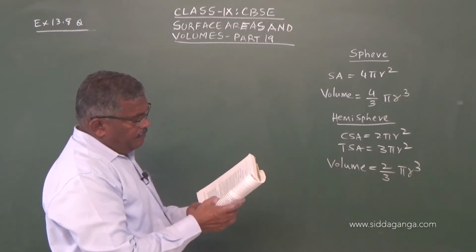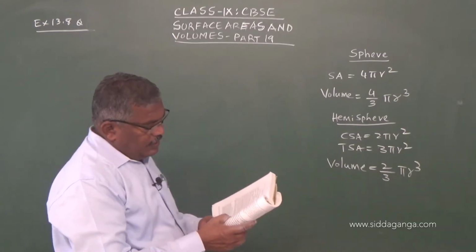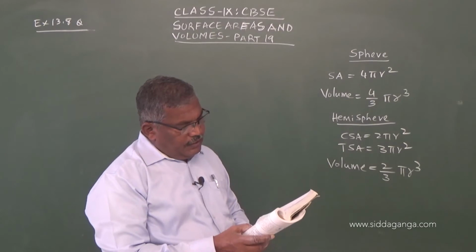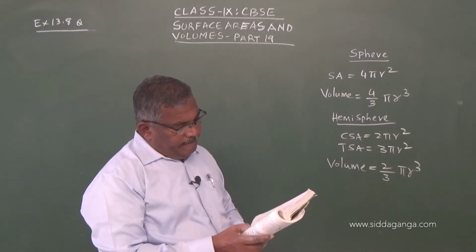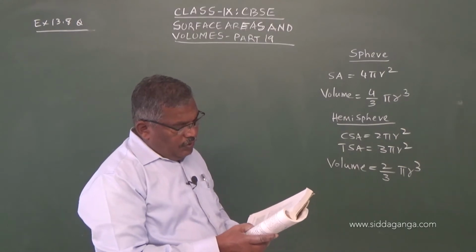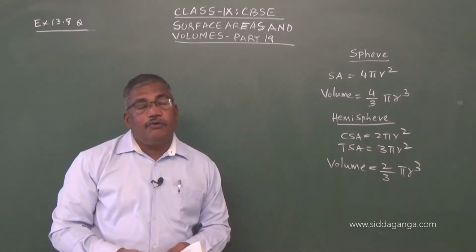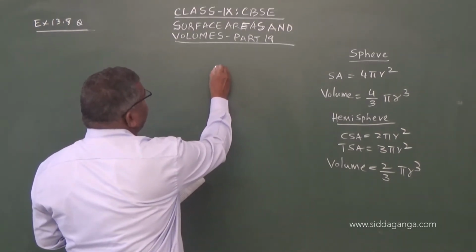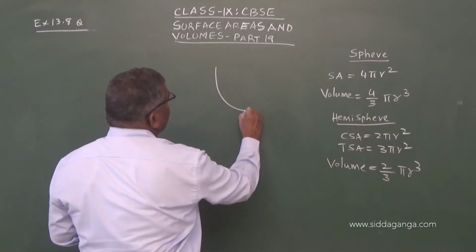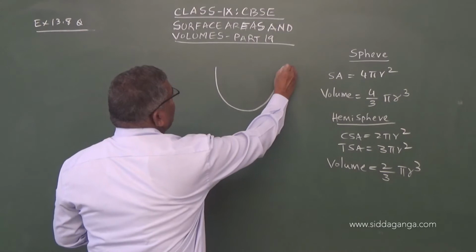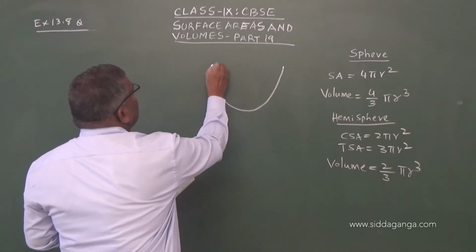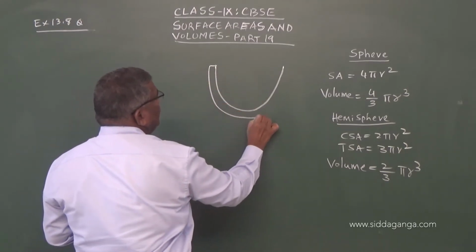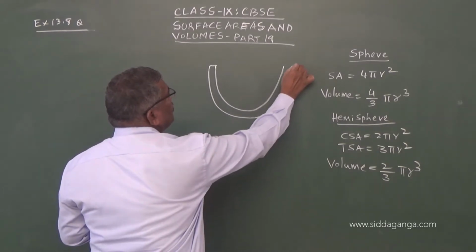If the inner radius is 1 meter, then find the volume of the iron used to make the tank. It is a hemispherical tank like this, and 1 centimeter thick iron sheet is used.